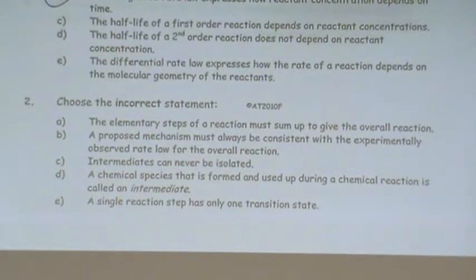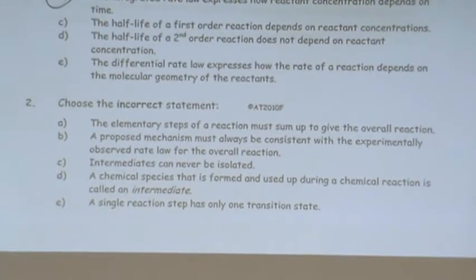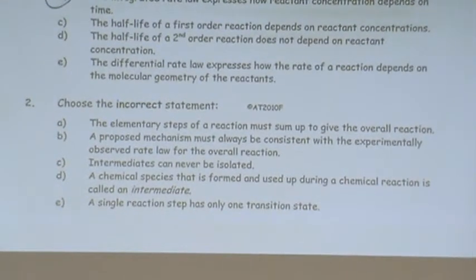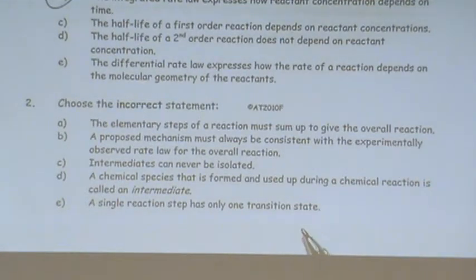That's one of the two main requirements, right? And then intermediates can never be isolated. We said that intermediates, sometimes they can be isolated. And a chemical species that can never be isolated, that's incorrect. And so the answer should be C, right?